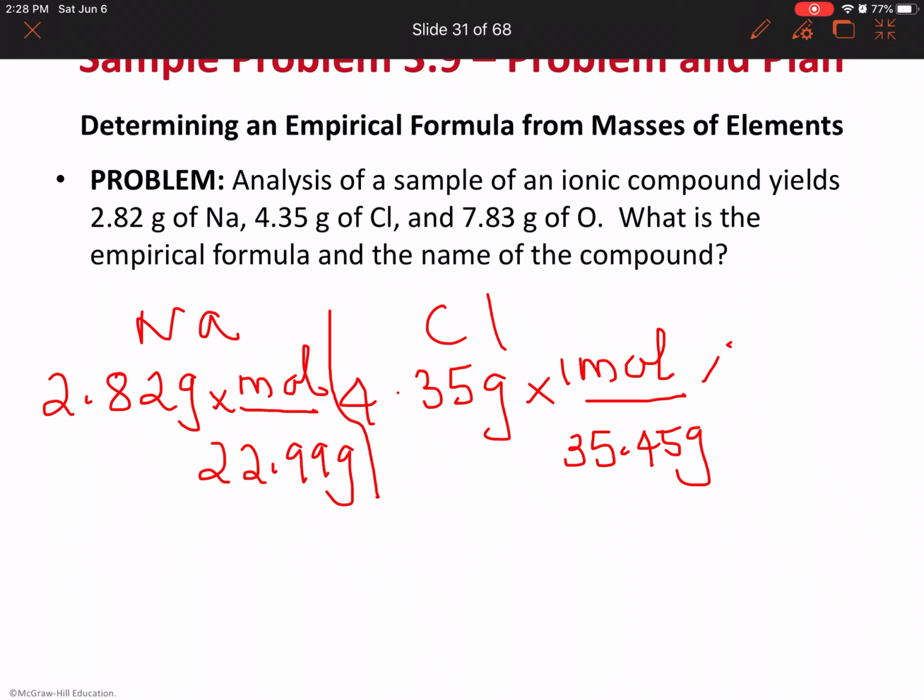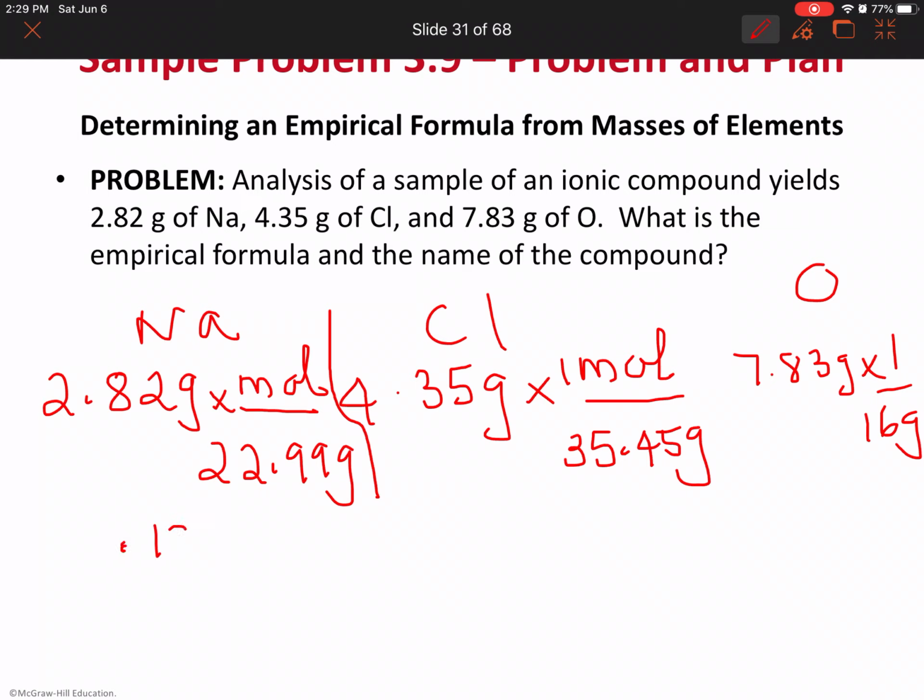And then how do we go about oxygen to find the number of moles? 7.83 grams. 1 mole is 16 grams. That's the molar mass of oxygen. So you divide it by the molar mass of oxygen. So this will give us the number of moles.